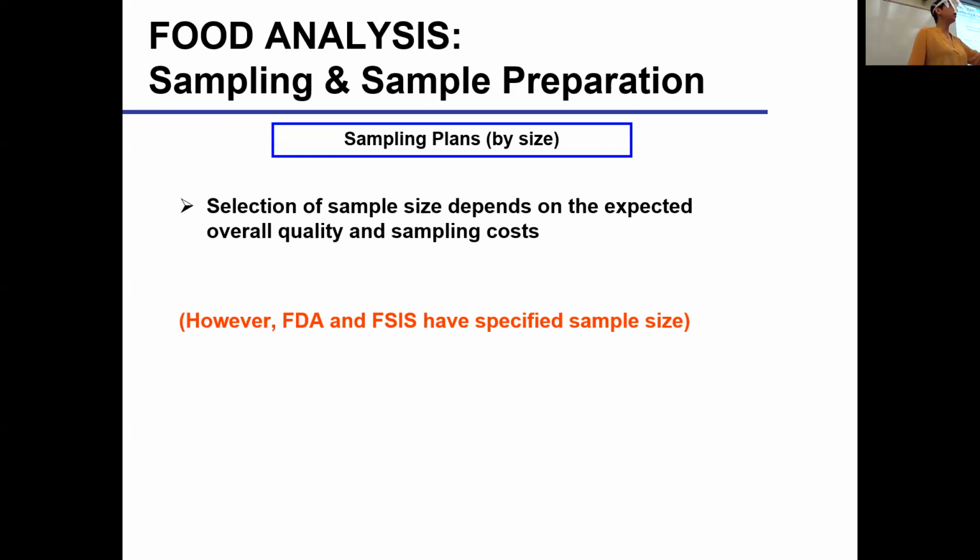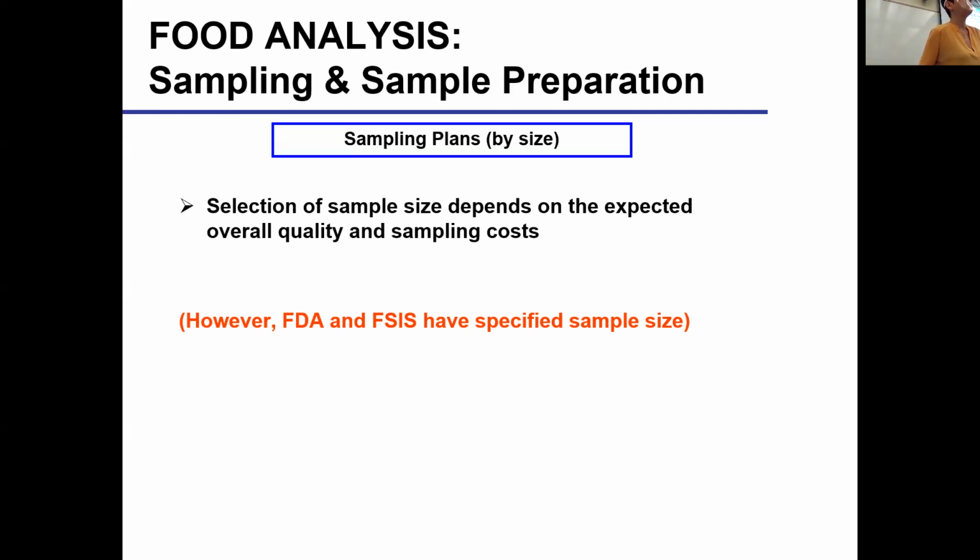Oh, both require a subset of at least 6. FSIS, remember, regulates poultry and meat and eggs, I believe, but FDA everything else. Each one of them tells you how much you have to withdraw and make a composite. Once you have a composite, you need 6 subsamples, like your sub-replication, basically for your testing.